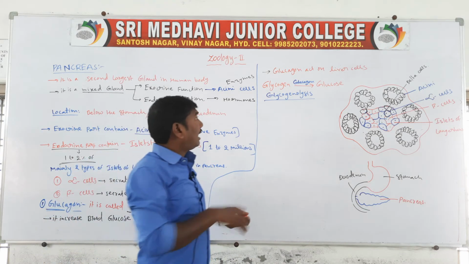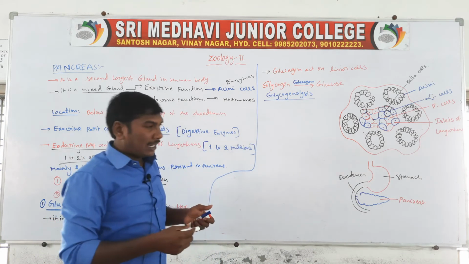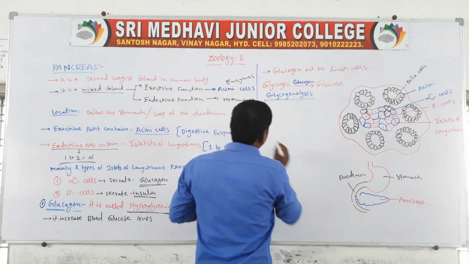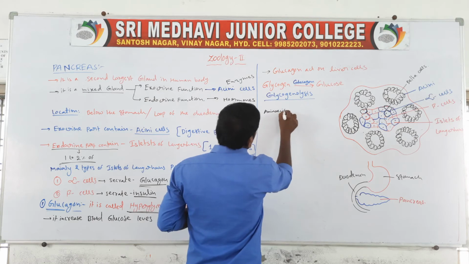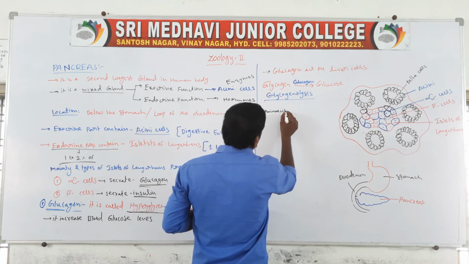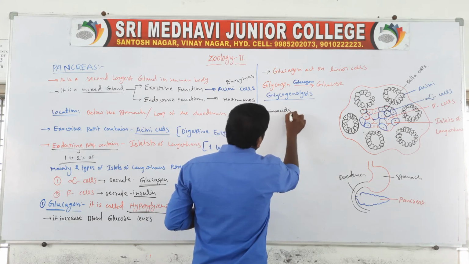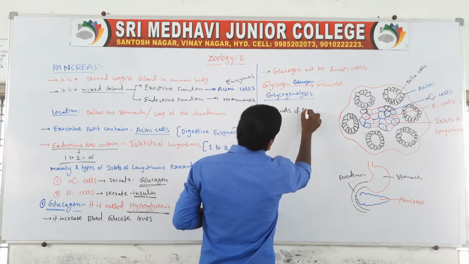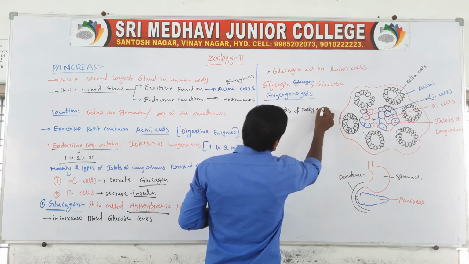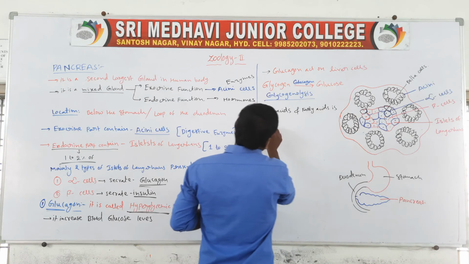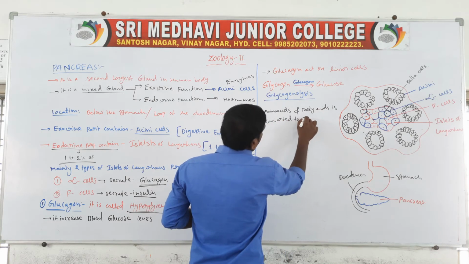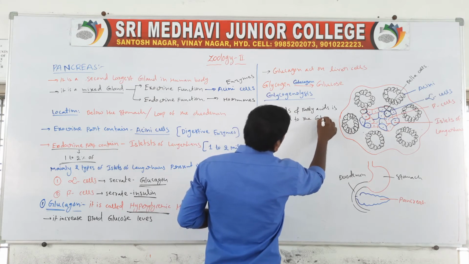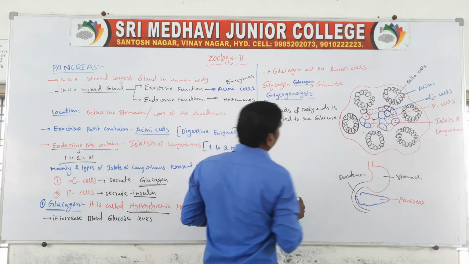Next, the hormone glucagon also converts amino acids and fatty acids to glucose.